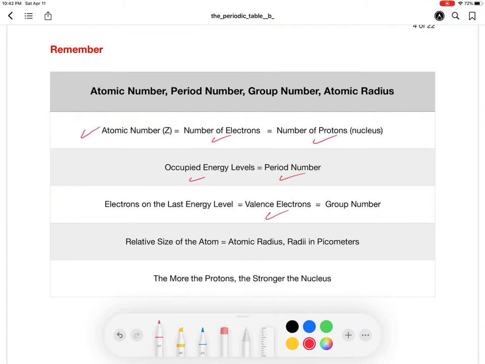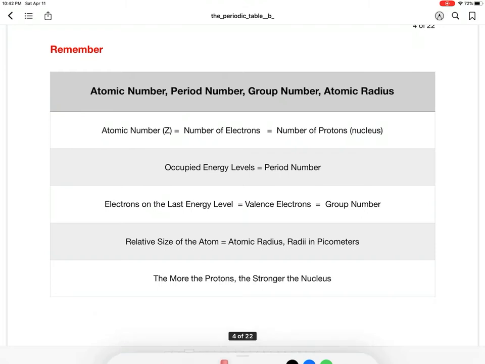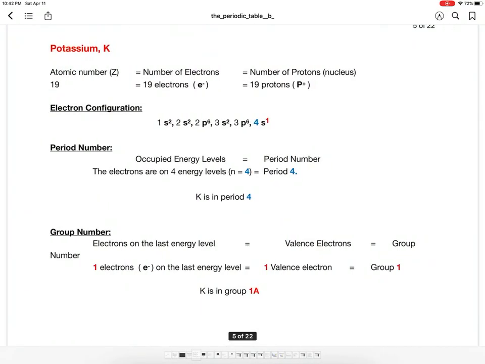The valence electrons are usually the electrons on the last energy level, and they're usually the group number. And you need to also know that the more protons we have in the nucleus, the stronger is the nucleus. So this table you have to read and think about it.